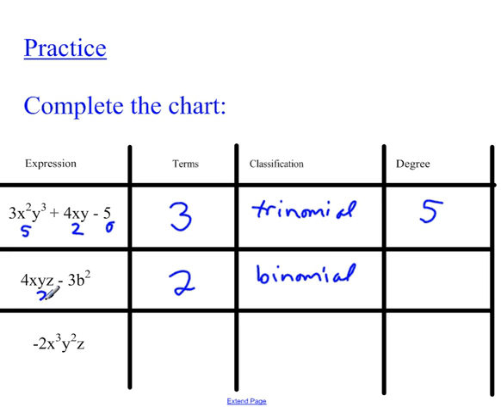This one has a degree of 3, and this has a degree of 2, so the highest is 3. This one is only one term, so it's called a monomial. This whole term has a degree of 6, 2 plus 3 plus 1, and because that's the only one, it's the highest sum. So check that you got those right. Go over it if you need any help.